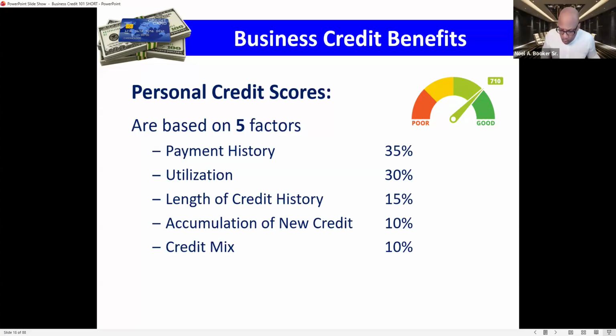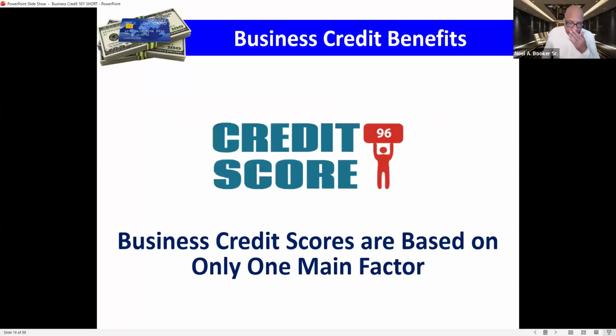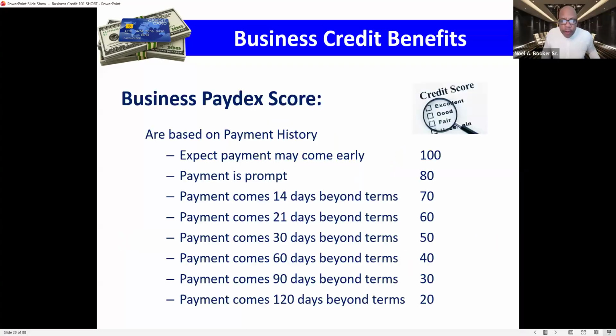All right. With business credit, scores are based on only one main factor, and that's how you pay your bills. All right. So at Dun and Bradstreet, they have the PAYDEX score, and the PAYDEX score goes from 0 to 100. Okay, and if you're looking at the screen, you see the ratings here.